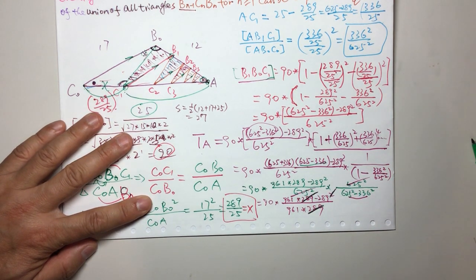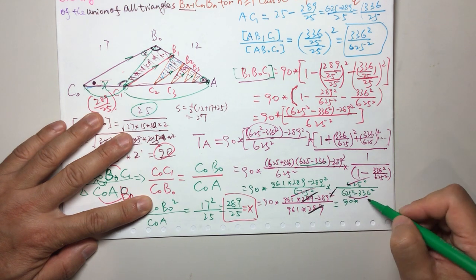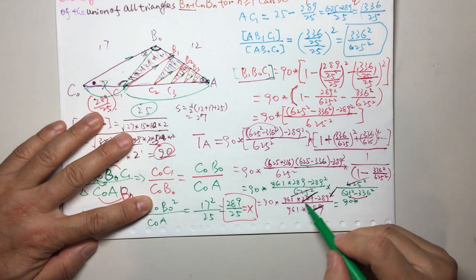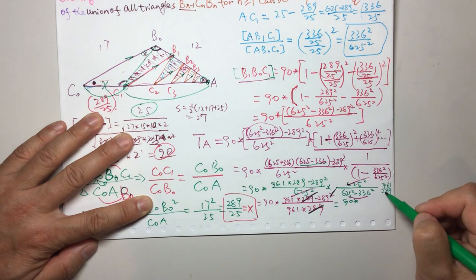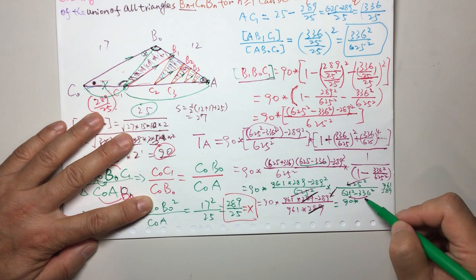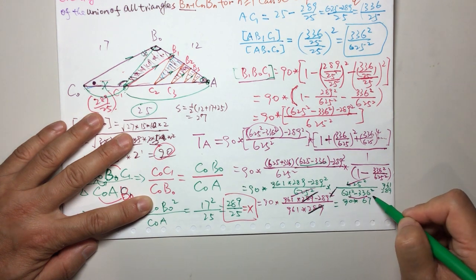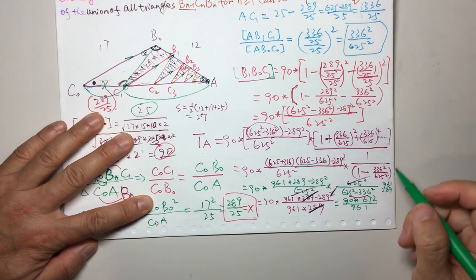Now we know that we will get 90 times 961 minus 289. So minus 300 is 661, 600 plus 11, 672 over 961.